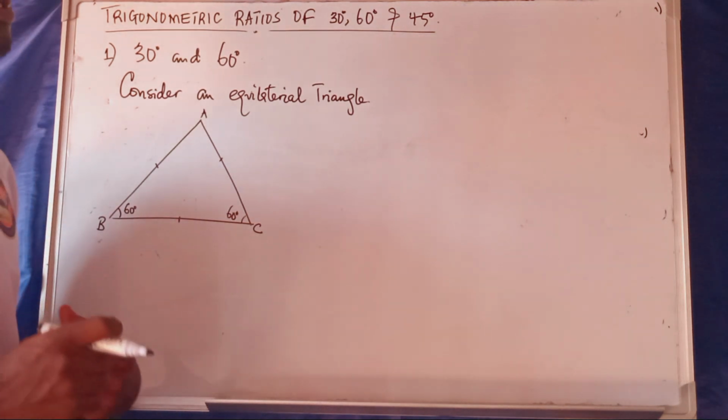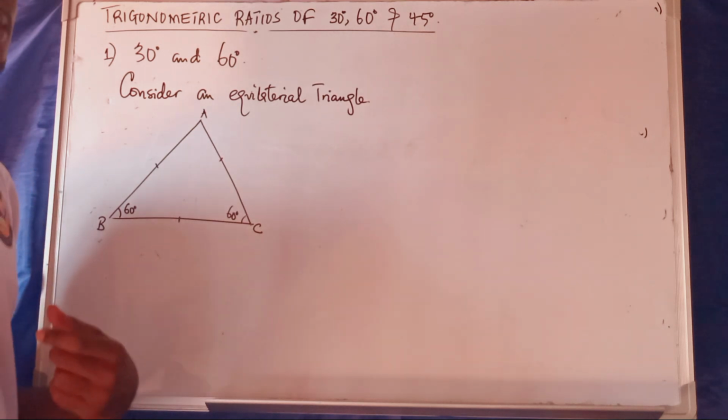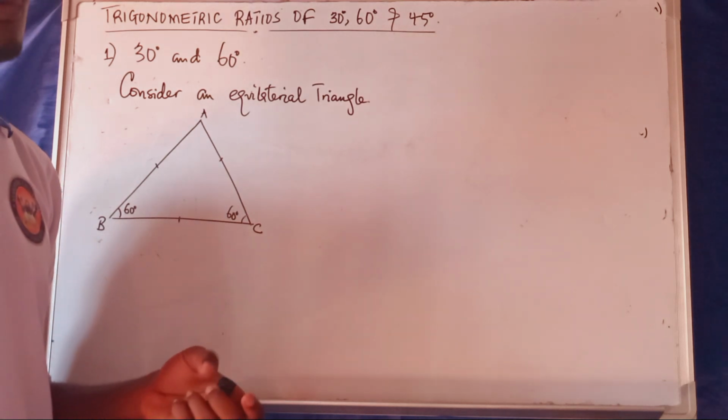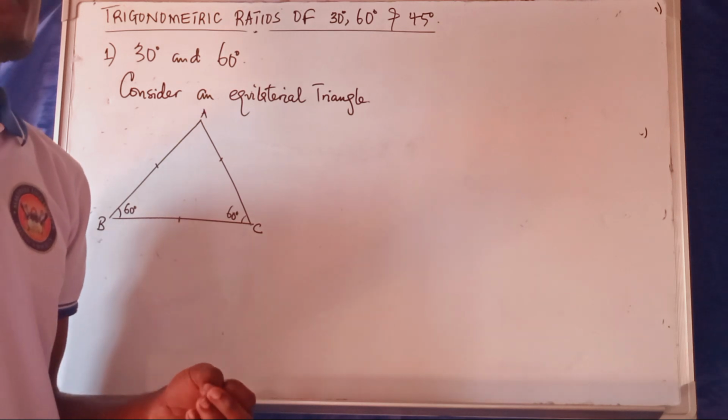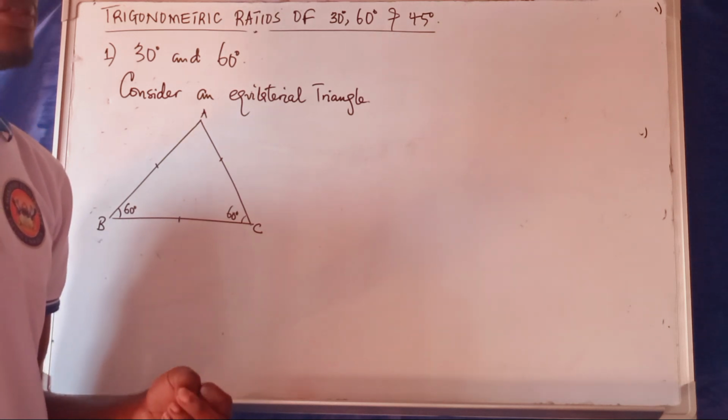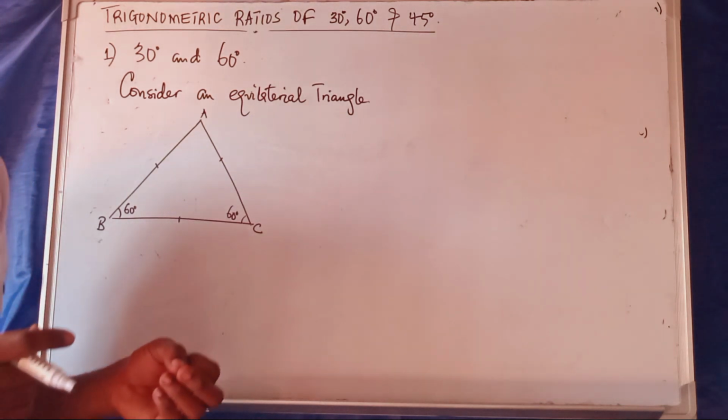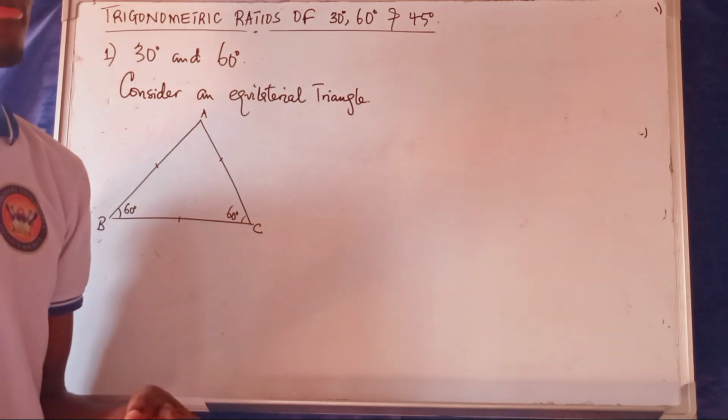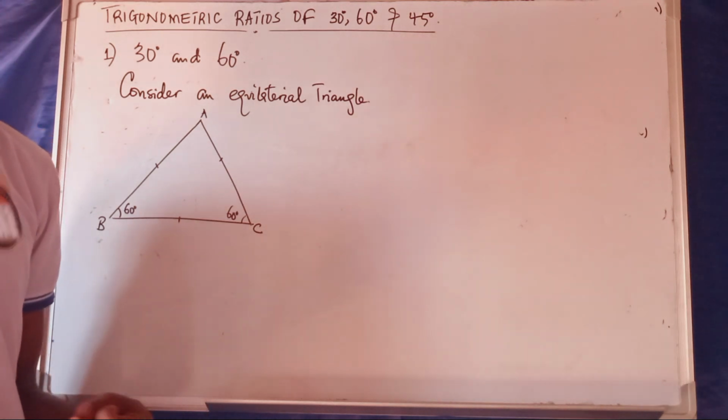But like I told you in the previous videos, we are using the Pythagoras theorem, and the Pythagoras theorem only works when we have a right-angled triangle.